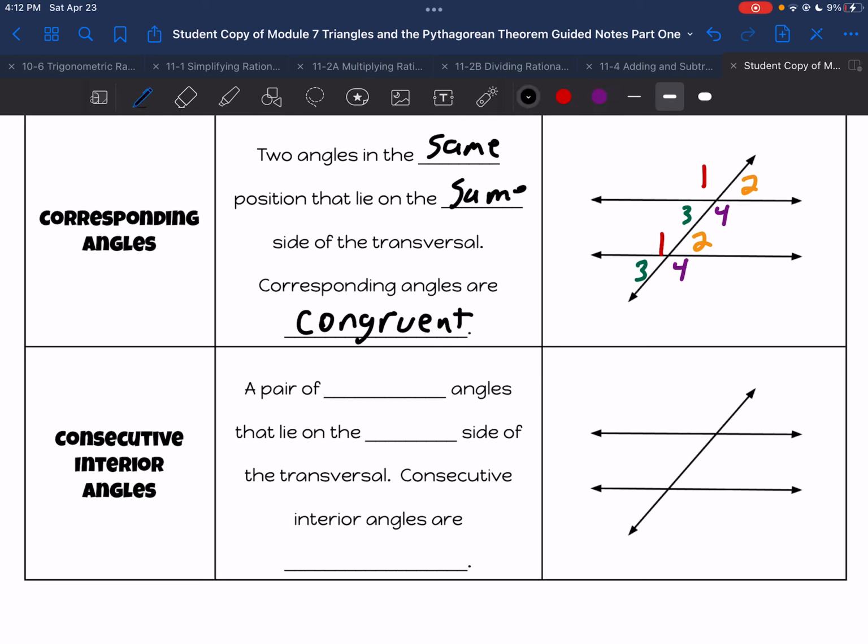Okay. Now, consecutive interior angles are a pair of interior angles on the same side of the transversal. Consecutive interior angles are supplementary.